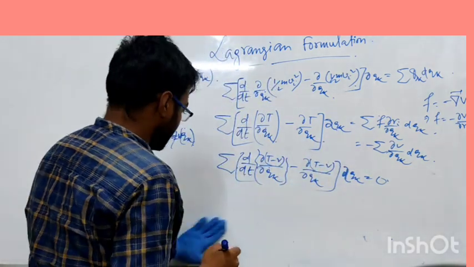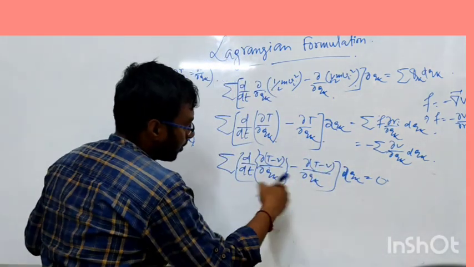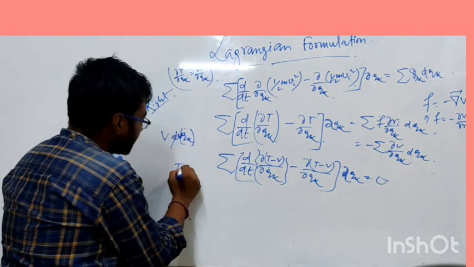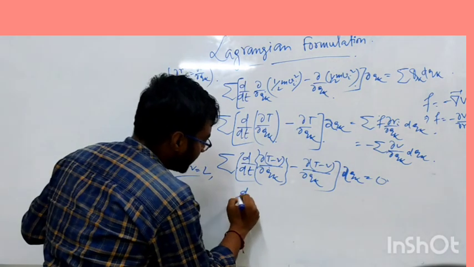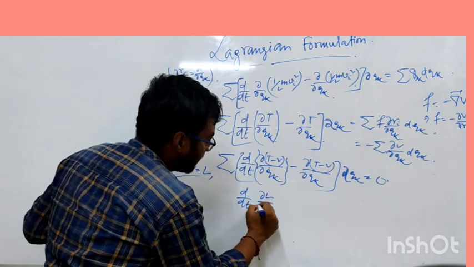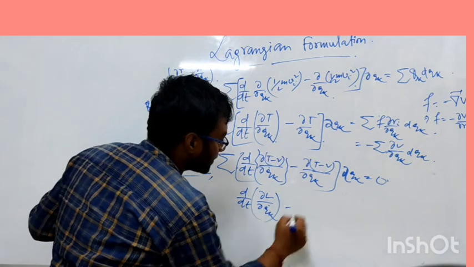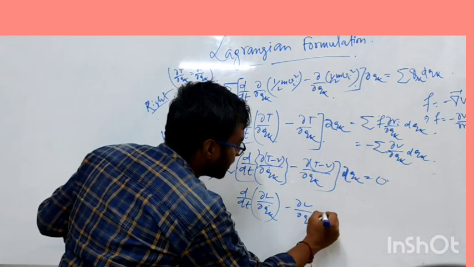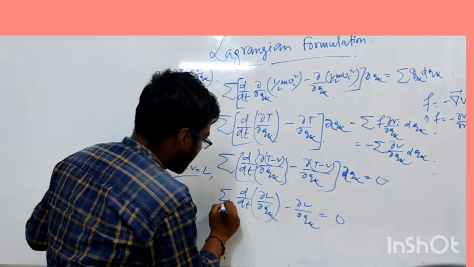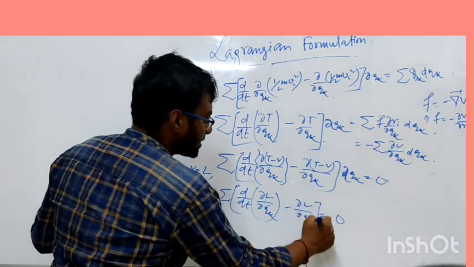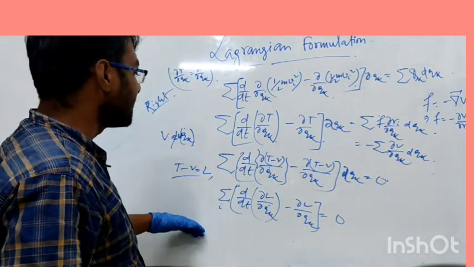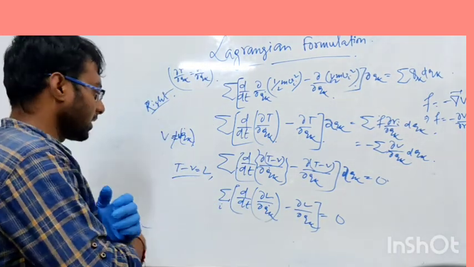From this equation we can tell that if we consider T minus V equal to L, then d/dt of del L del Qk dot minus del L del Qk will be equal to 0, summation over i. This equation is called the Lagrange equation or Euler-Lagrange equation.